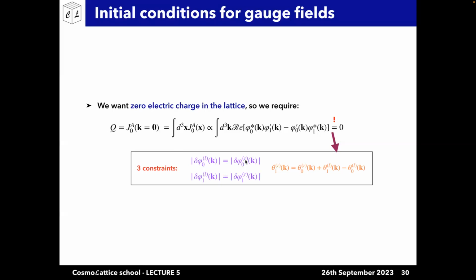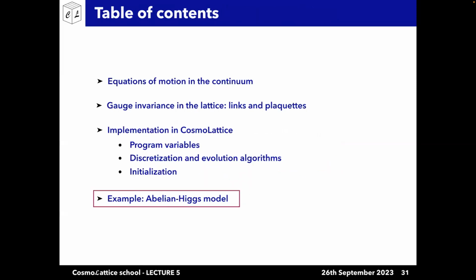So in reality, we don't have 8 random functions specifying the initial fluctuations of the complex scalars. We only have 5, because the other 3 are imposed through these relations. And just to end the presentation, I'm going to show you an example of an abelian Higgs model.